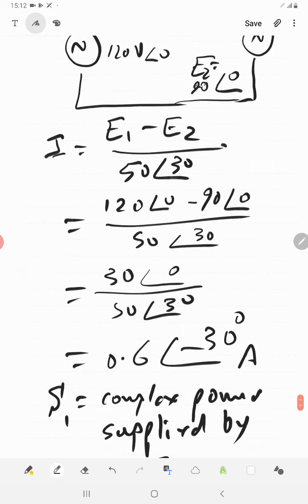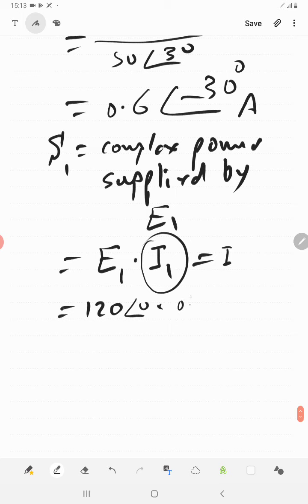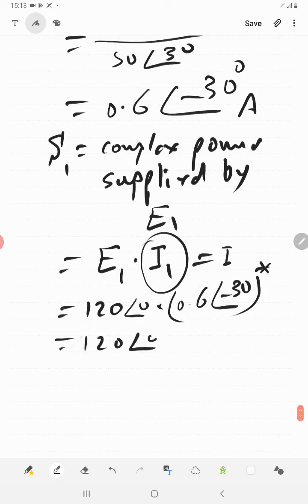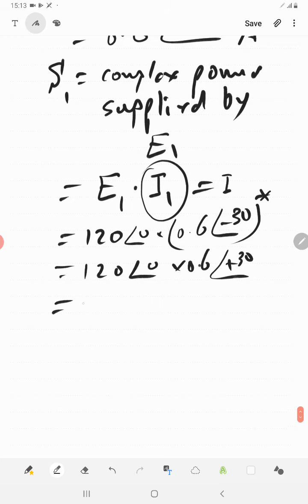So it's basically this one. So it is 120, okay, RMS value, times angle 0 times 0.6 angle minus 30, the conjugate of that. So it will be 120 angle 0 times 0.6. The conjugate of 0.6 angle minus 30 will give you plus 30 here. So here 6 times 12 is 72, right?